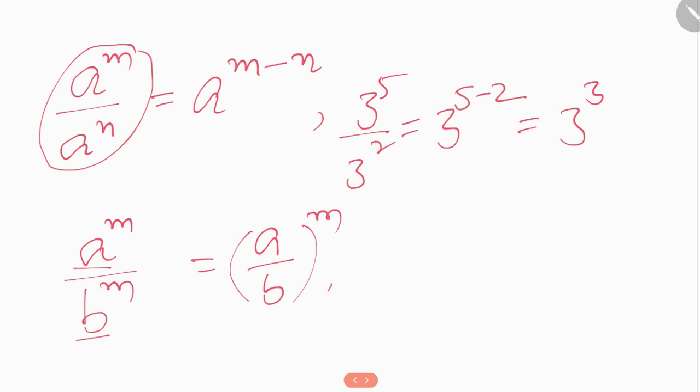This is another law we can use in exponents. For example, 3 power 2 by 5 power 2. Here bases 3 and 5 are not equal, but the powers are the same, that is 2. Then I can write 3 by 5 whole power 2.